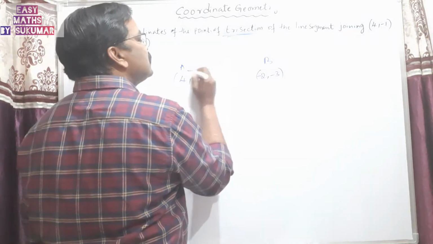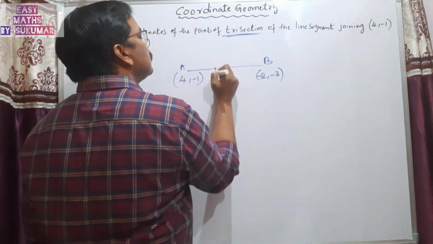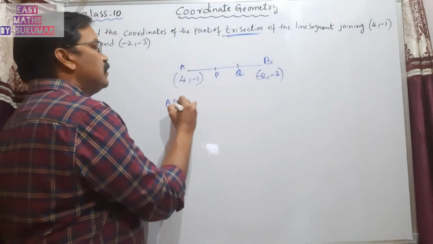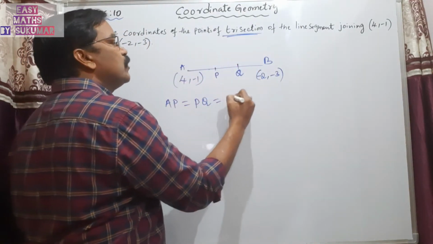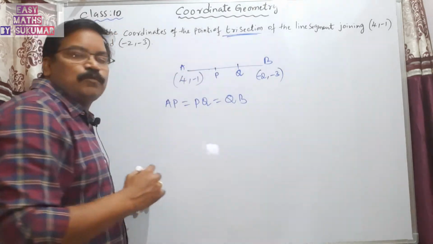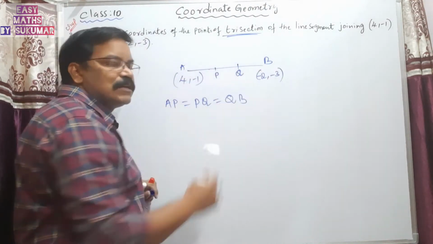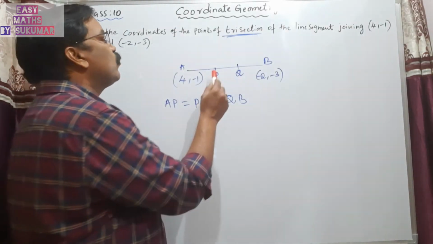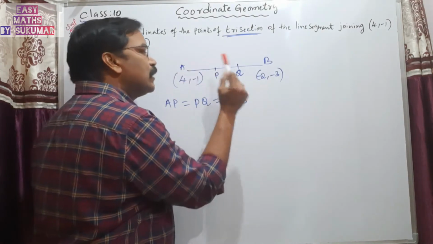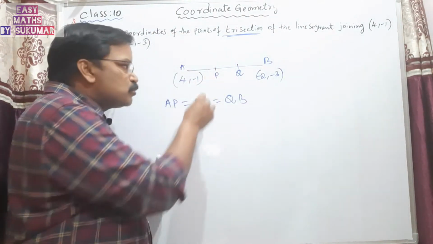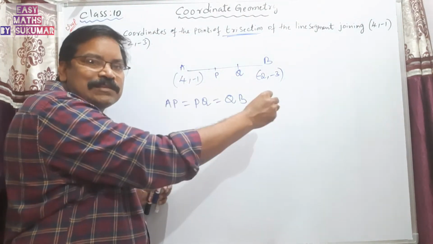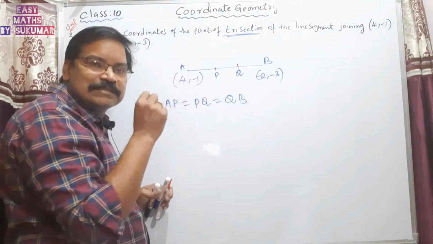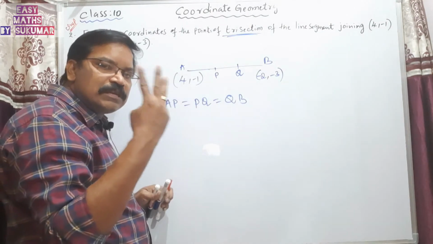This line segment is divided into 3 equal parts, that means AP equals PQ and PQ equals QB. All these 3 parts are equal here. Points of trisection means we should find the points P and Q. So P and Q divide the line segment joining the points (4, -1) and (-2, -3) into 3 equal parts.